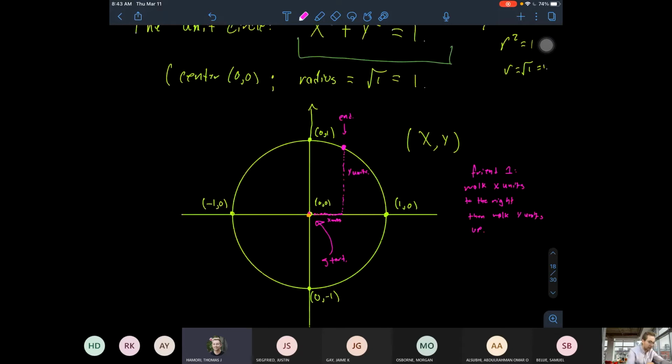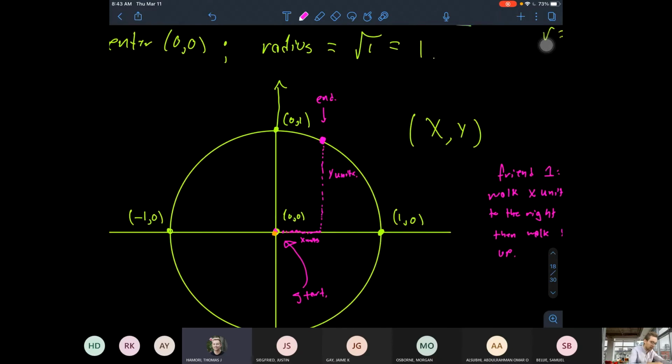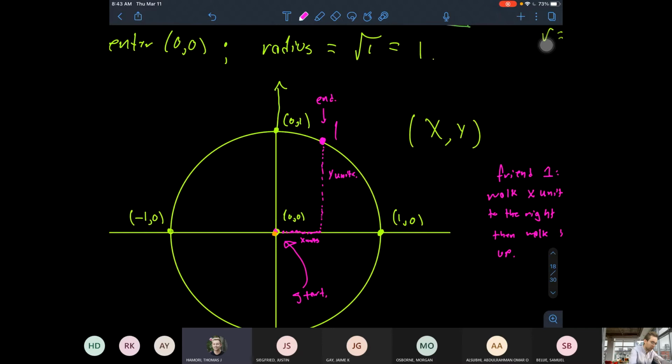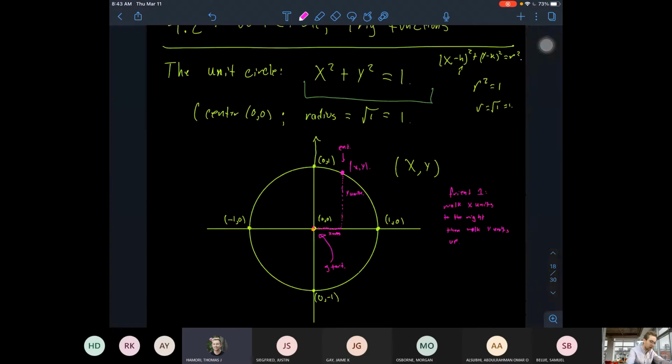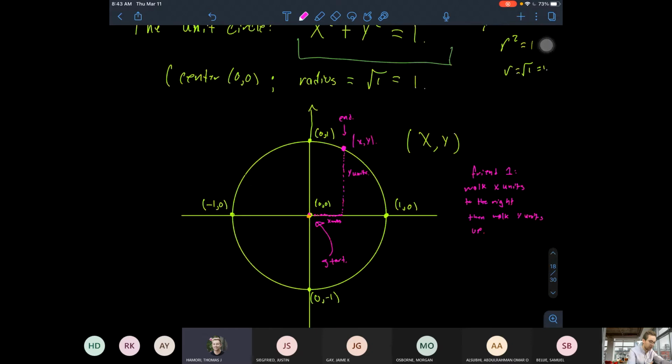And that's a valid set of directions for how to get to that point from where I started. Okay, I can just walk x units to the right, and then I walk y units up. And then he says, well, then after that, you'll be at the point x comma y. Okay, perfectly valid way of thinking.